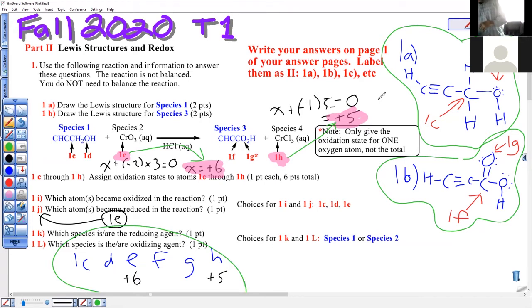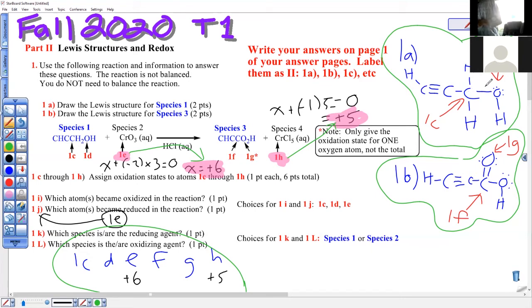Okay, so when we do oxidation states, we have to look at every bond an atom has. The choices for oxidation states for a bond are you get a -1 when you're bonded to a less electronegative atom, like carbon bonded to hydrogen, -1 for that bond, and -1 for the same kind of bond here.